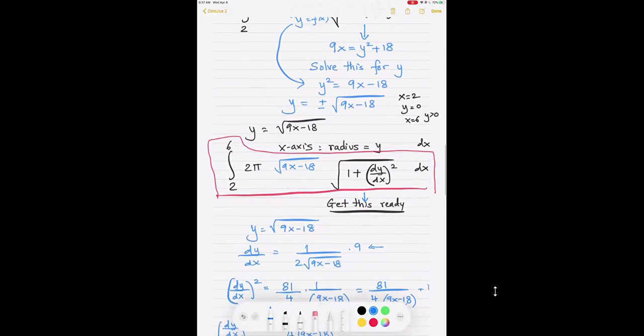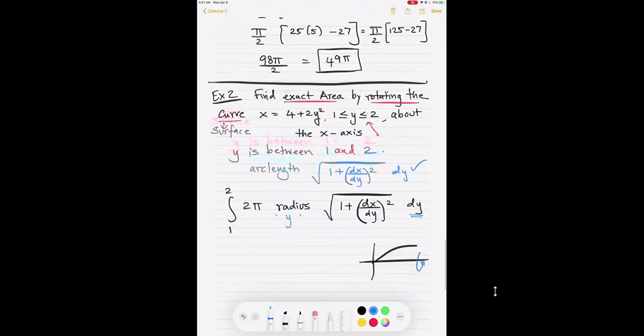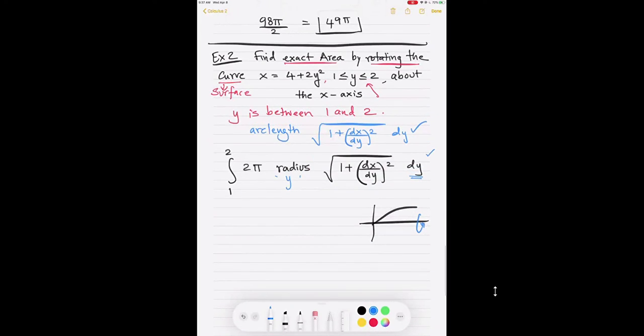Because you were going about the x-axis, the radius was y. But you had to write y in terms of x, because you were integrating with respect to dx. But here you're integrating with respect to y. And that's the point I wanted to make. So will you write this y in terms of x? No. Very good. The answer would be no.